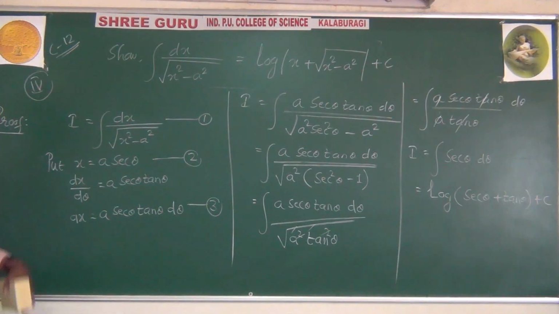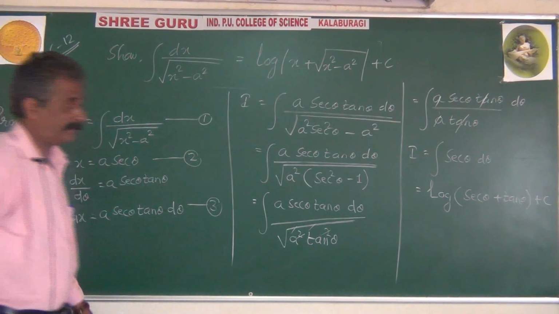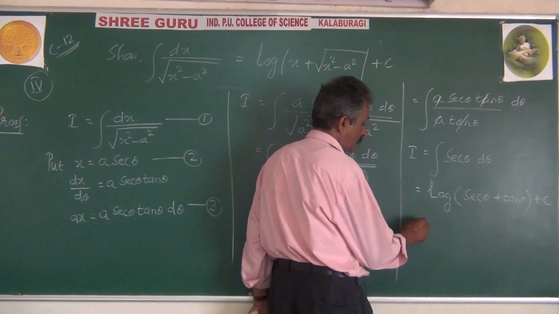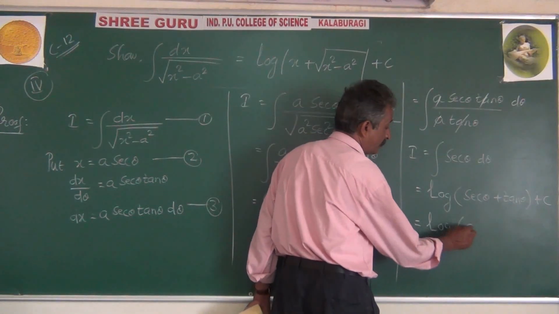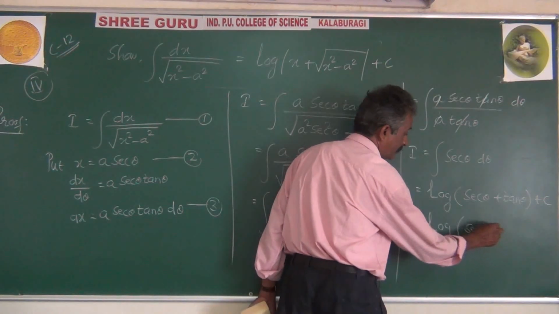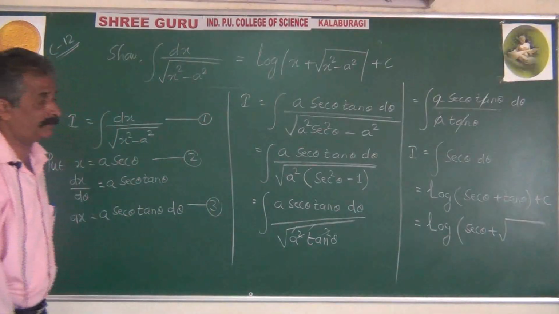But we should get our answer back in terms of x. What is sec theta? X by a. And to have that, besides writing the value of sec theta, we shall write tan theta also in terms of sec theta.